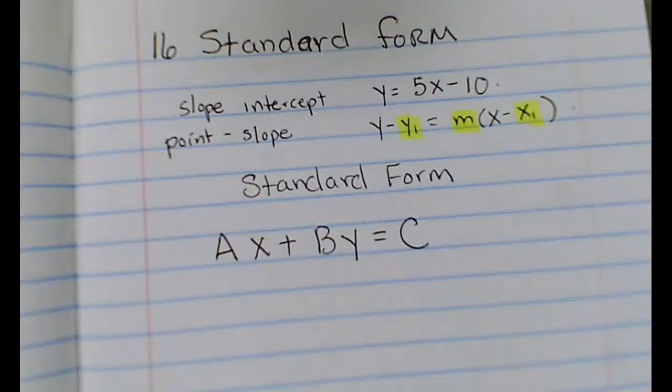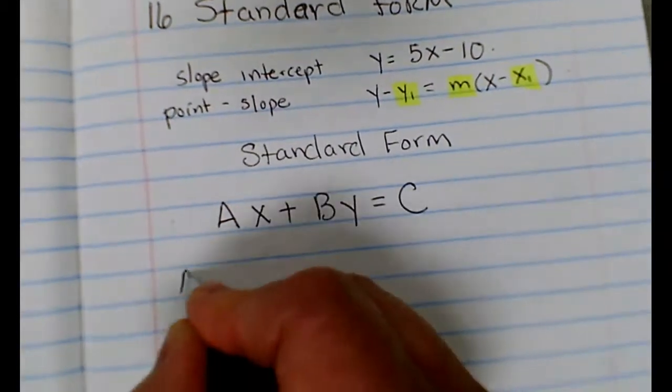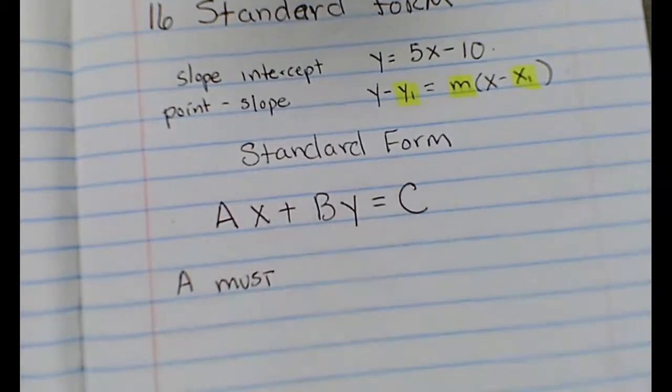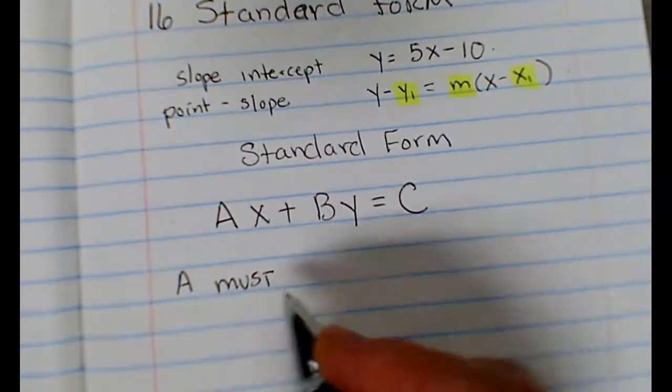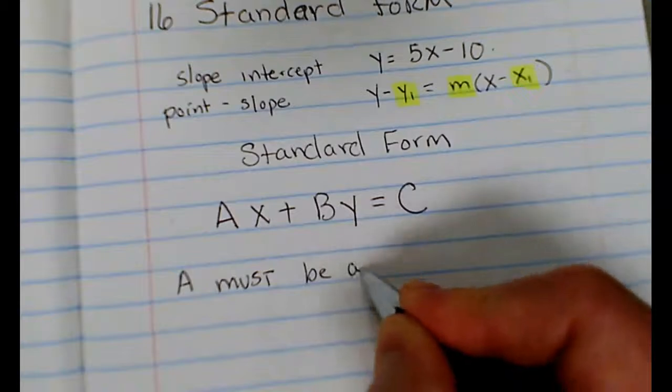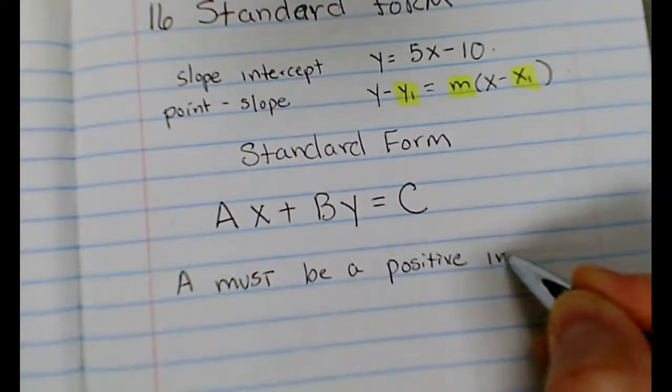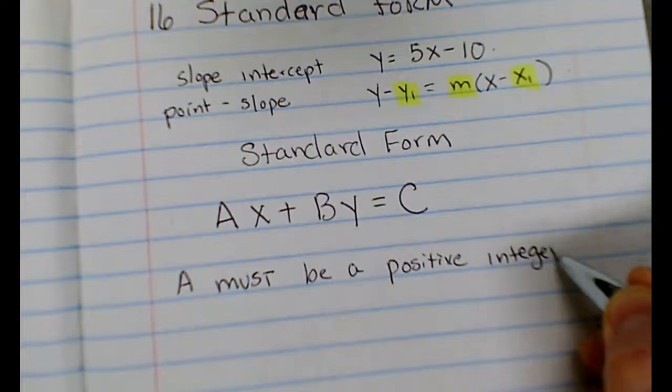Now, since this is math, there's some rules to go with it. The A must, does that say if you want it to be? No, it must be a positive integer.